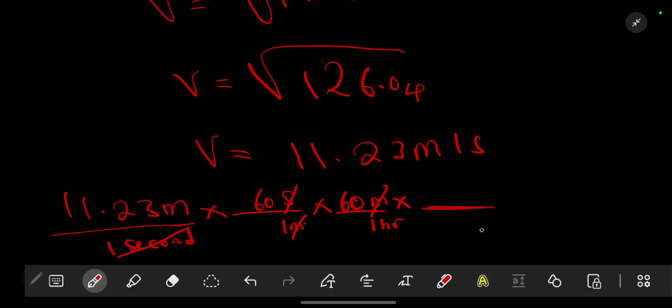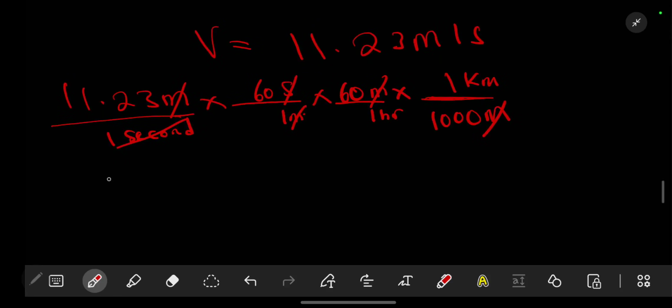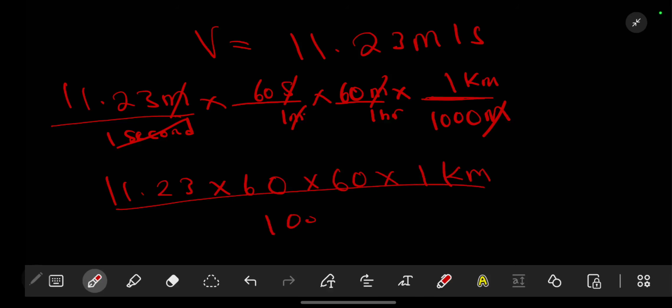For the meter, we know that the meter is up there, so it should be down here. There are 1000 meters in 1 kilometer. So this and this go, then we are going to multiply 11.23 times 60 times 60 times 1 kilometer over 1000.